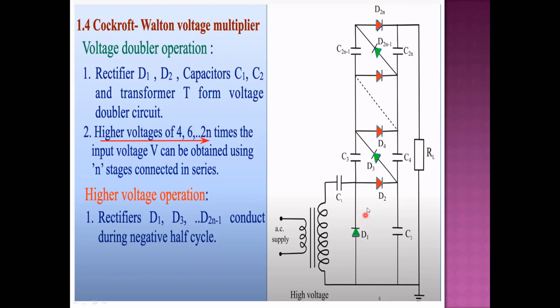The green colored diodes are forward biased during the negative half cycle, and D2, D4, up to D2N diodes are reverse biased. That means the odd numbered diodes, D1, D3, D5, D7, are forward biased, and the even numbered diodes, D2, D4, D6, D8, are reverse biased during the negative half cycle.